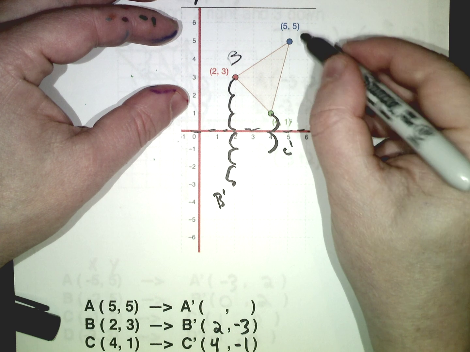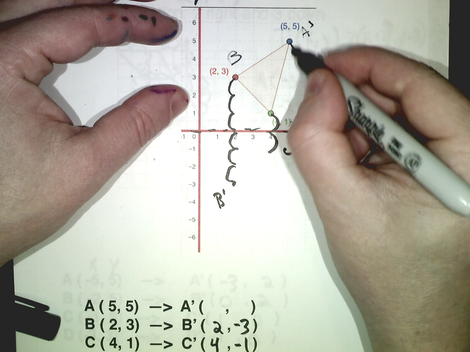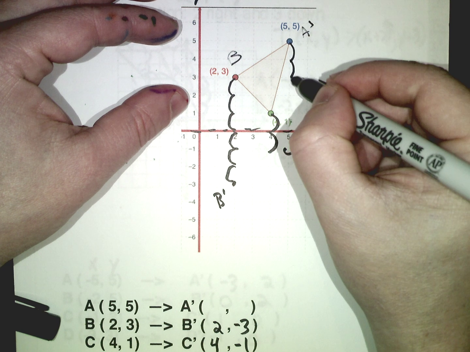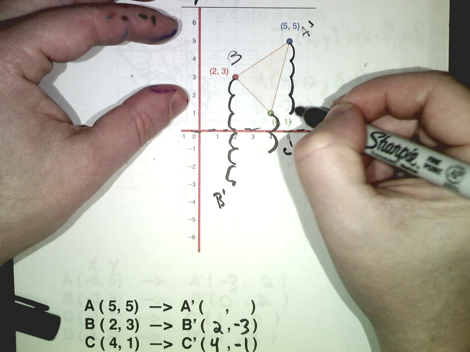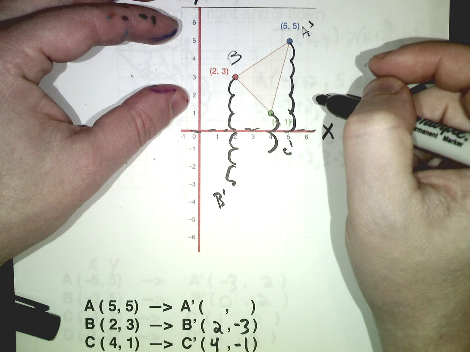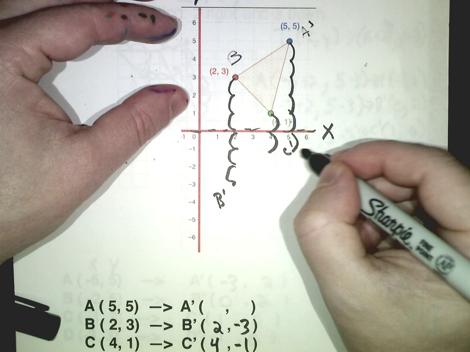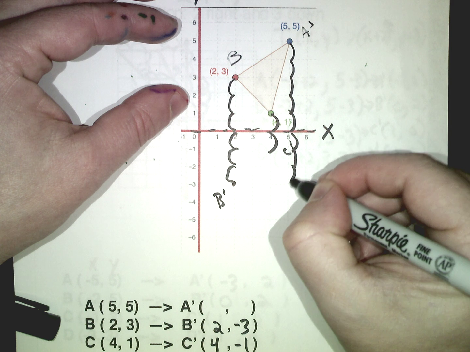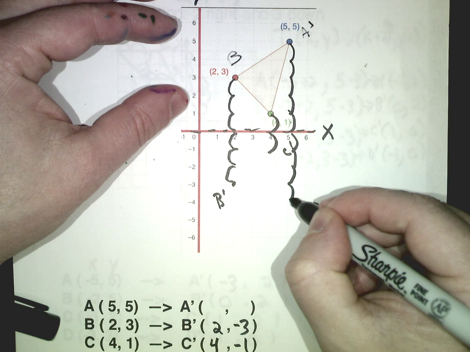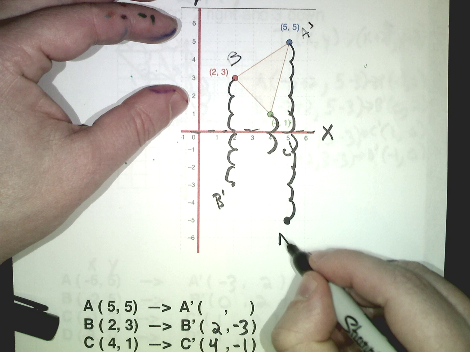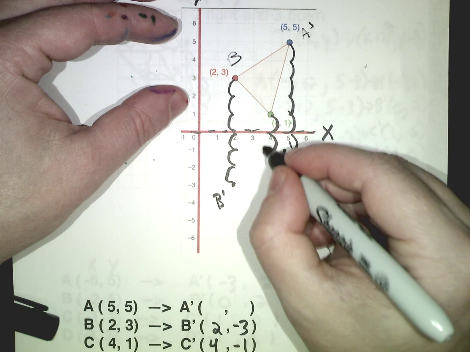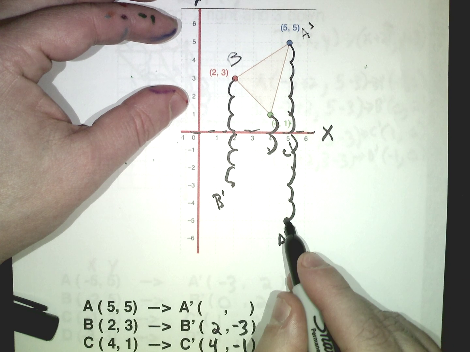5 comma 5, this is my A. 1, 2, 3, 4, 5 away from the mirror. 1, 2, 3, 4, 5. A prime, if I look at it, it's at -5.